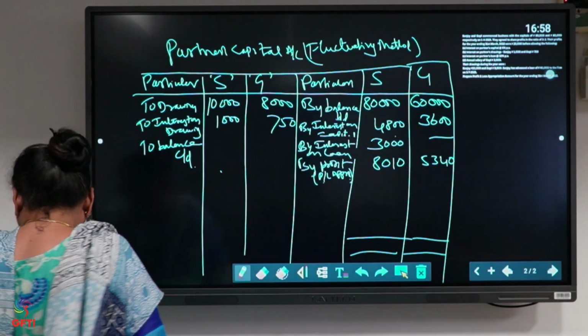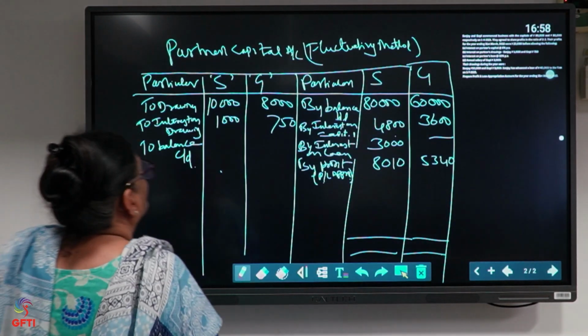Here there is no chance of debit being more, because capital is intact, so the capital amount only is the heavy side.